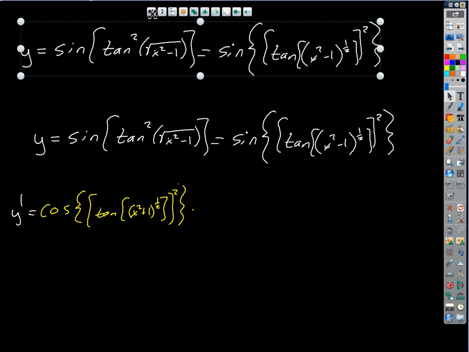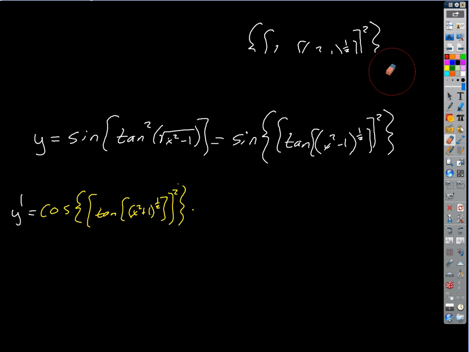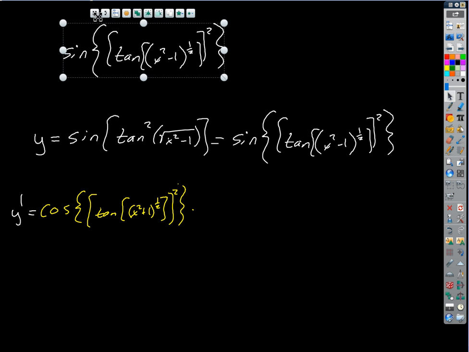Okay, so let's just erase the layers one at a time as we go through them. So we took care of the first layer, and that's the link that we got. So let's erase that one.